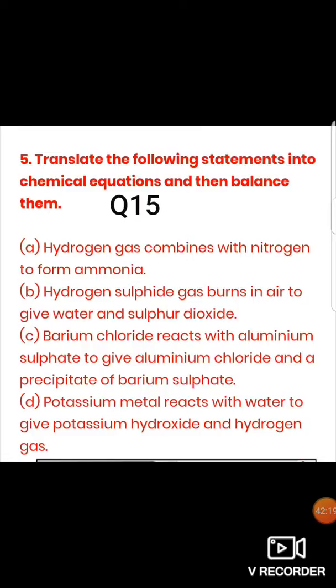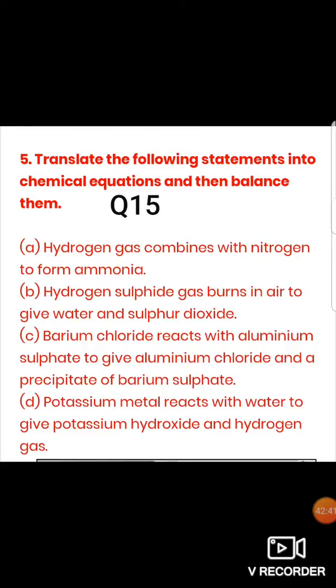So the question is, hydrogen is combining with nitrogen. Hydrogen combining with nitrogen means hydrogen plus nitrogen, and then you put an arrow, and it is forming a product, ammonia. So it is very important to understand the question. Unless you understand the question, you won't find it easy.